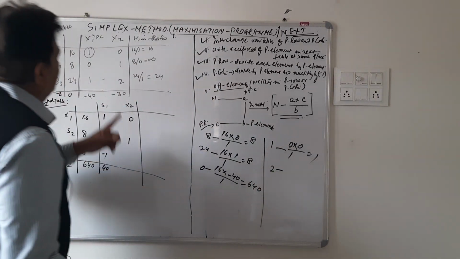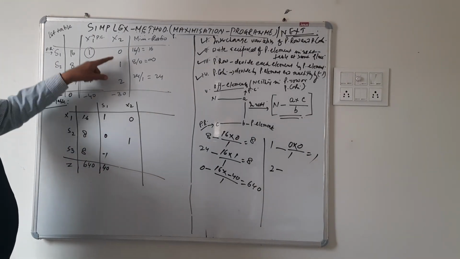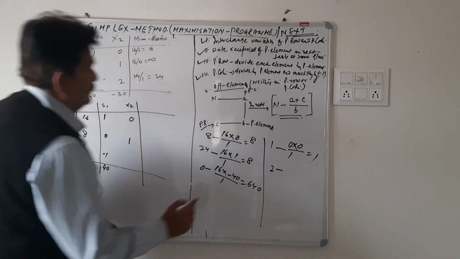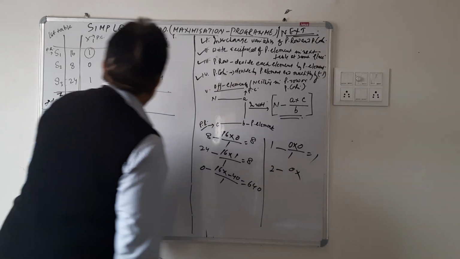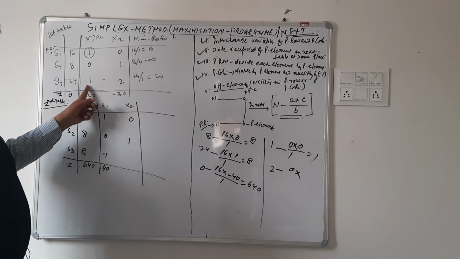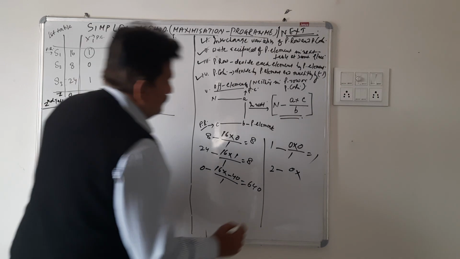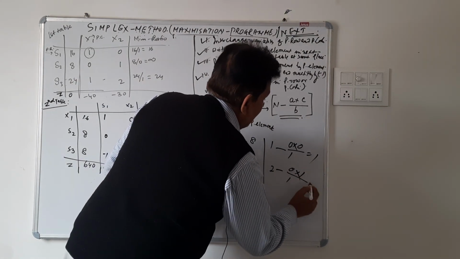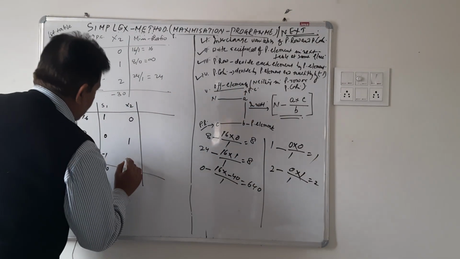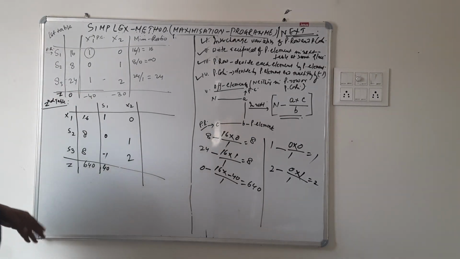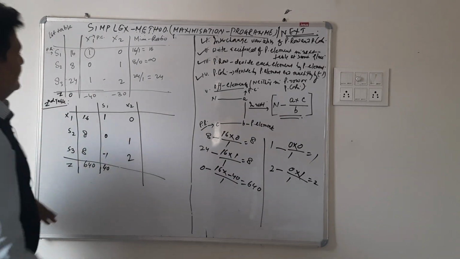2 minus the corresponding element in pivot row was 0, into corresponding element in pivot column was 1, and divided by pivot element, that is 2. So this is 2. And now minus 30 has to be seen.